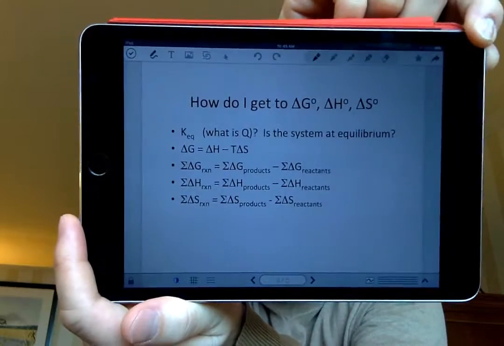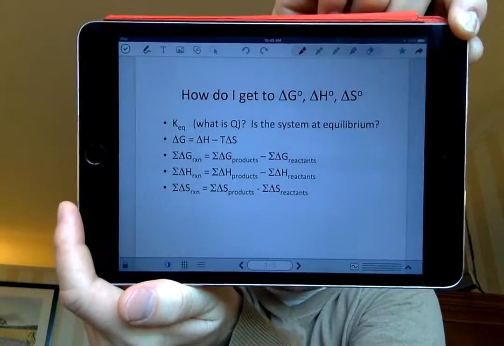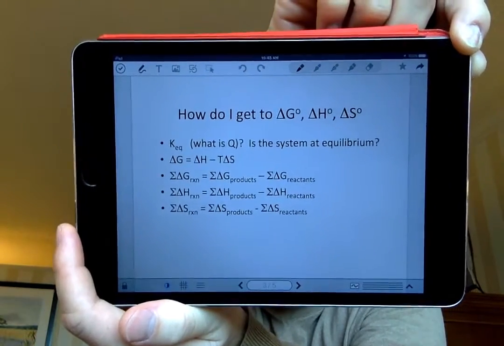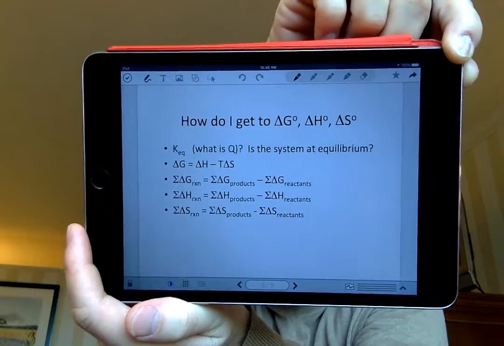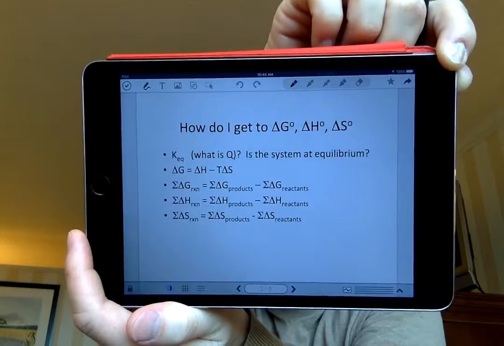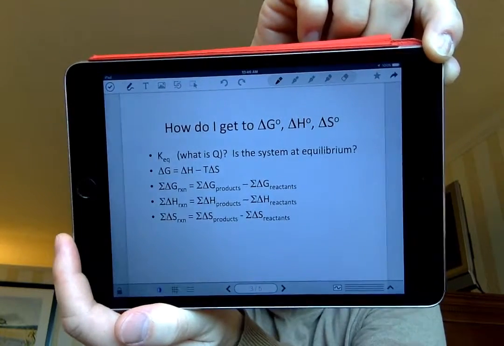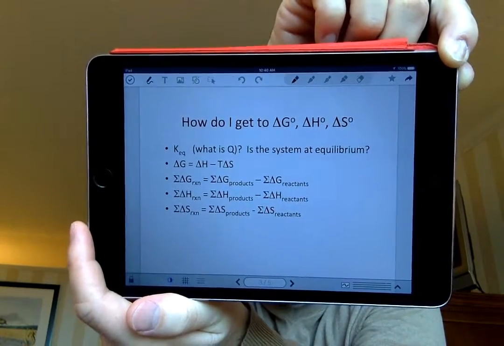And now if we have a thermodynamics problem in terms of system and surroundings, or the thermodynamic variables, delta G, delta H, and delta S, it's really important to think about how I get to these different thermodynamic quantities. So I always have an expression for KEQ as it relates to delta G0.